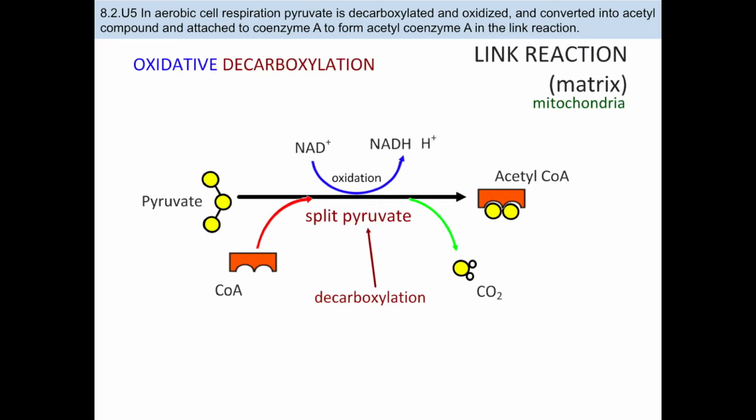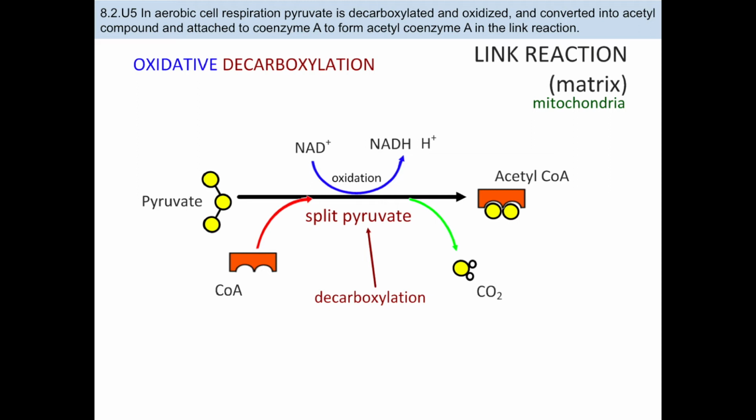All right. Now, why is this called oxidative decarboxylation? What is oxidized here? Which molecule is oxidized here? Pyruvate is oxidized. So oxidation is loss of electron and hydrogen. Where did the electron and hydrogen go? We have an electron carrier again, right?